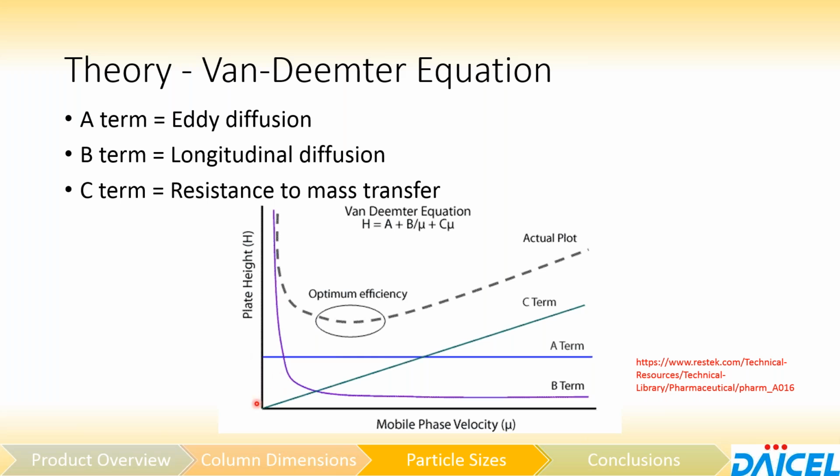And for the C term, the resistance to mass transfer, the slope of this line is shallower for smaller particles, meaning that as we increase the linear velocity of our mobile phase, we should expect to see a diminished loss of resolution.